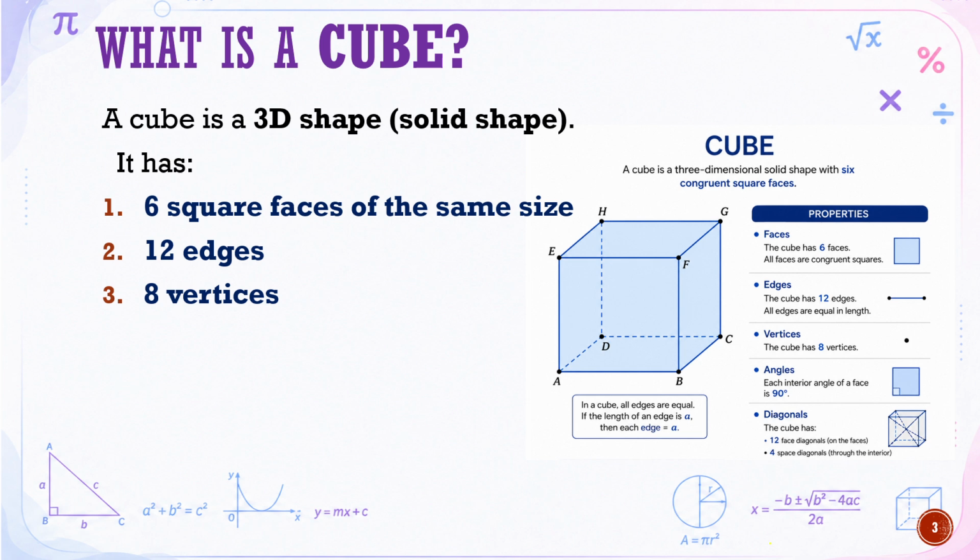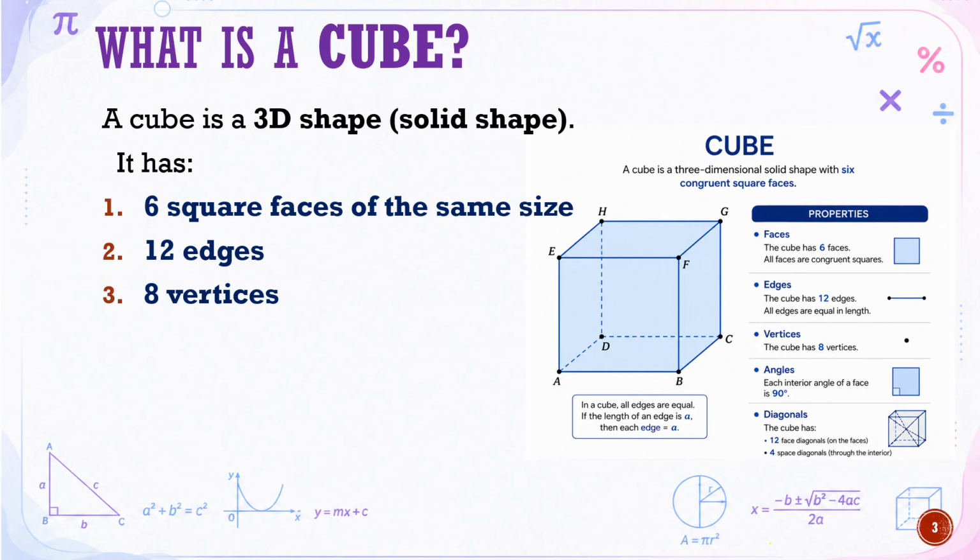Okay, so this is going to be a key difference between the cube and the cuboid, the size of their edges. In a cube, all sizes of the edges are the same. So 6 square faces having the same size of the edge, 12 edges and 8 vertices. That is your three-dimensional cube solid shape.